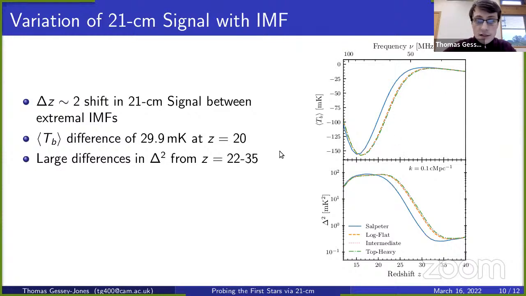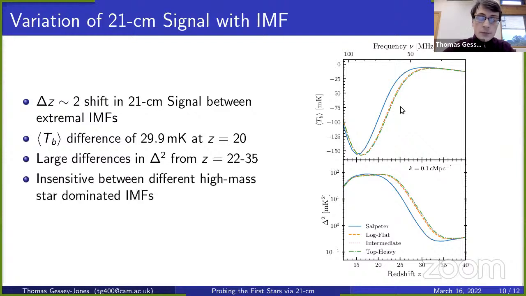These differences in the global signal are comparable to the EDGES residuals, reaching 30 millikelvin. And the power spectrum differences, which are mainly in the high redshift 22 to 35 regime, were found to be larger than the anticipated sensitivity of SKA1. So in theory, the difference between these two IMFs is within a measurable range.